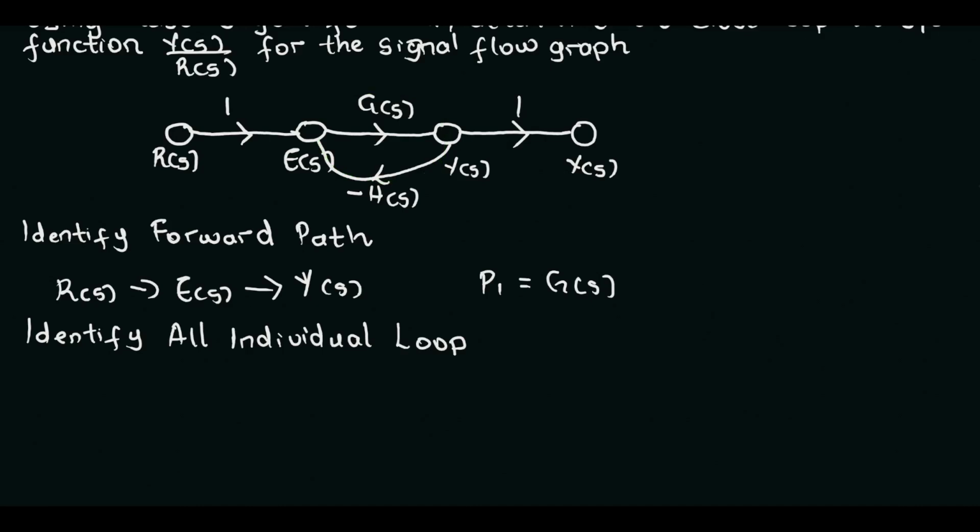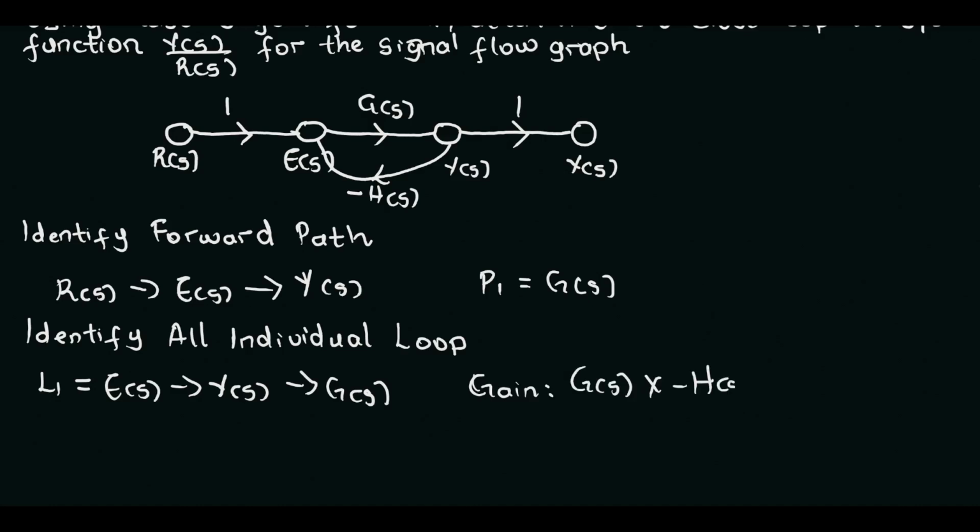So you have L1, which is E(s) to Y(s) back to E(s). Then the gain of your loop will be G(s) multiplied by minus H(s). Again, G(s) times minus H(s) equals minus G(s)H(s).